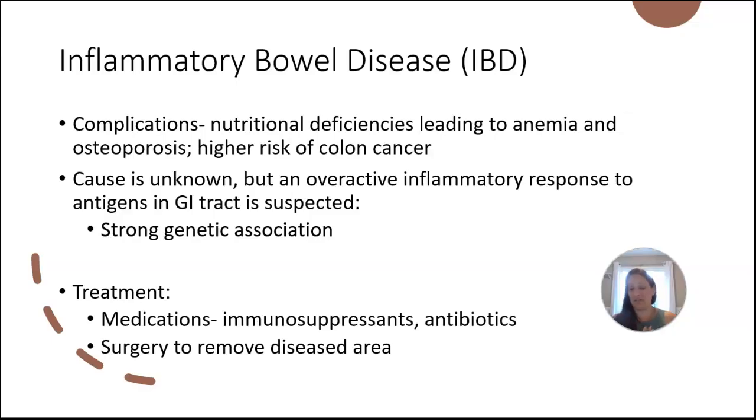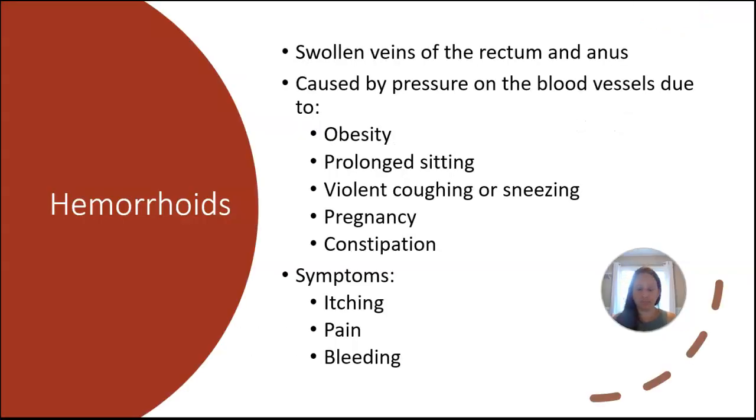So we're going to suppress the immune system, which could have other effects. And then antibiotics. If it's really bad, surgery to remove the diseased area. Okay. So if you have a large buildup of scar tissue where food can't move through at all, that's the only option.